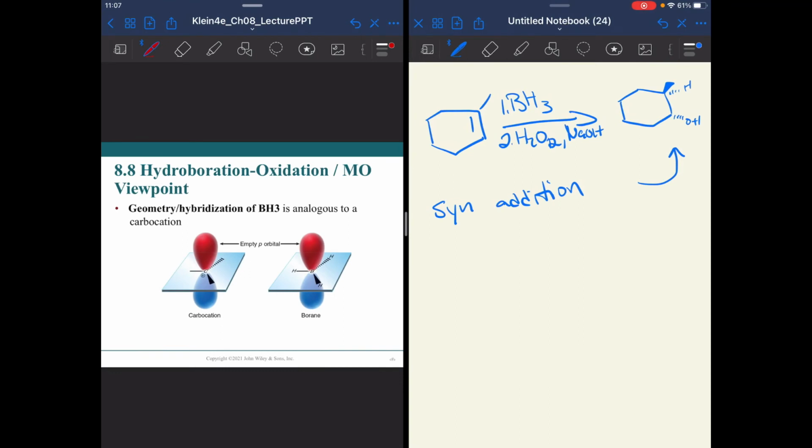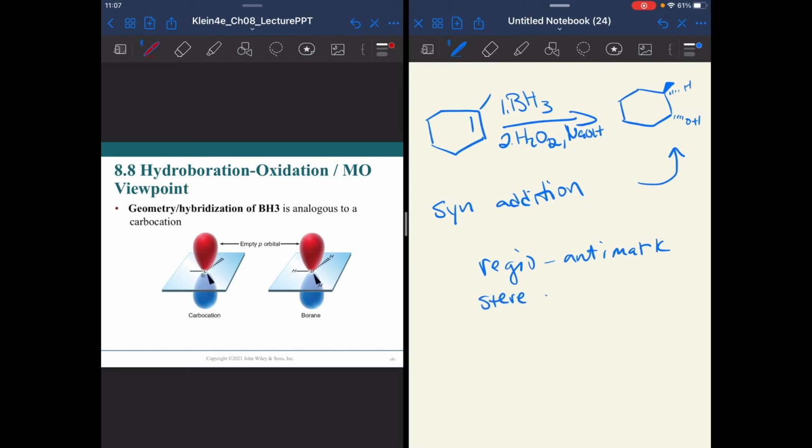Okay, so we're looking at this Syn addition. This means you have two things to keep in mind. The regiochemistry, which is anti-Markovnikov, and that's going to tell you which carbon in the double bond the nucleophile gets added to. So the OH goes to the less substituted side.